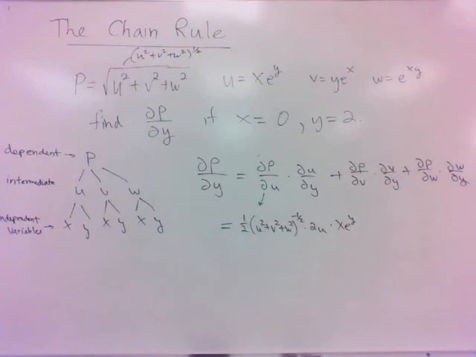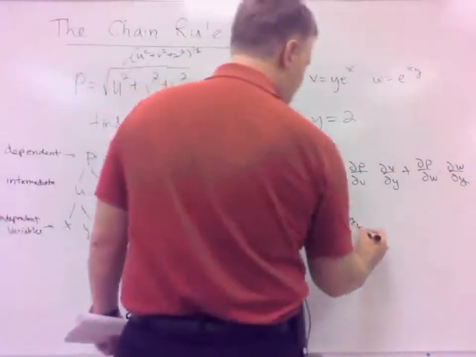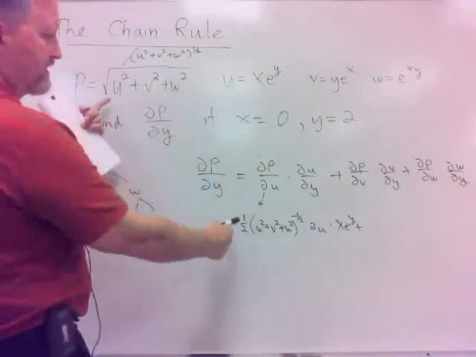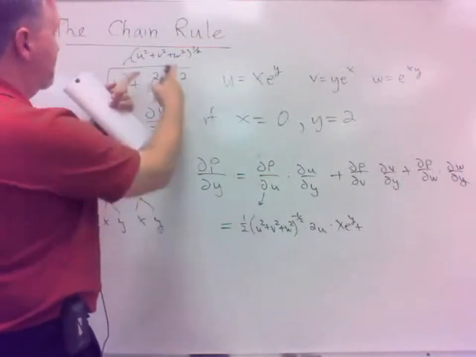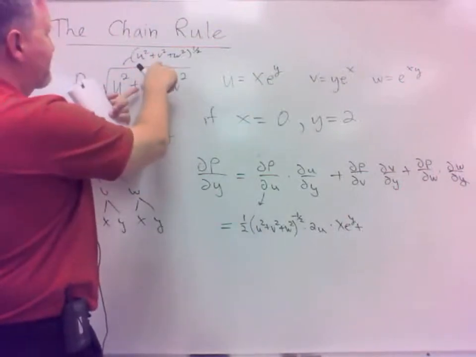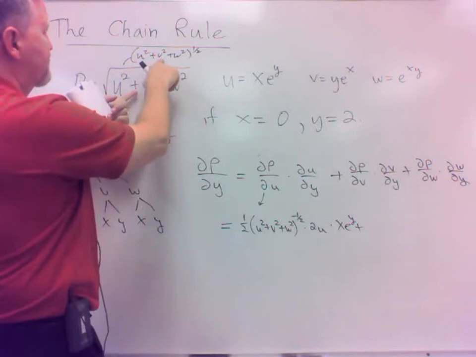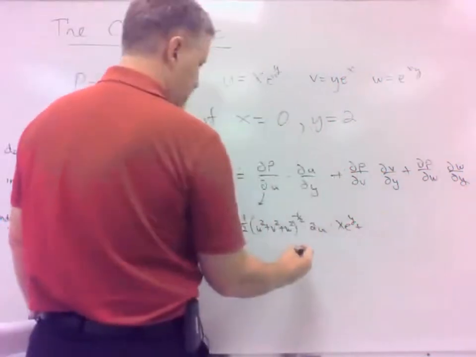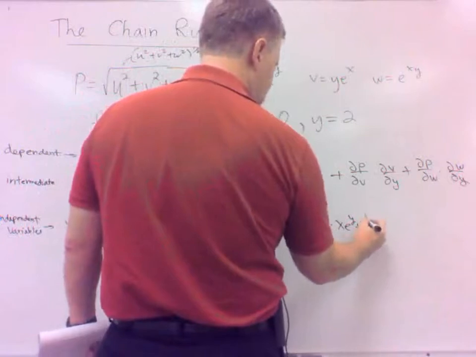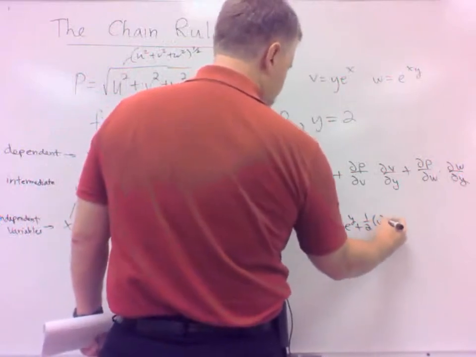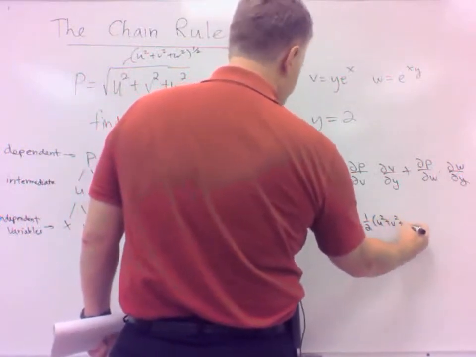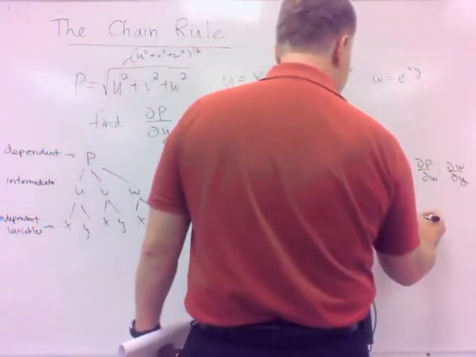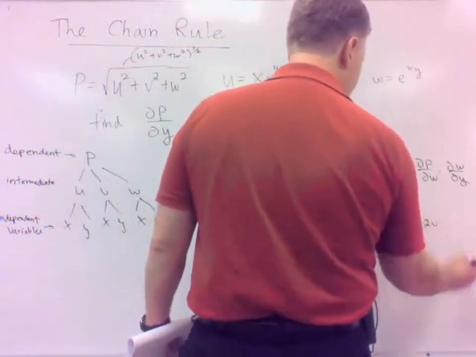So, all right, then we've got partial of P with respect to V. Well, it'd be the same thing as partial with respect to U, except now we're doing V with respect to V, so it would be 1/2 (U squared plus V squared plus W squared) to the -1/2 times 2V, though.